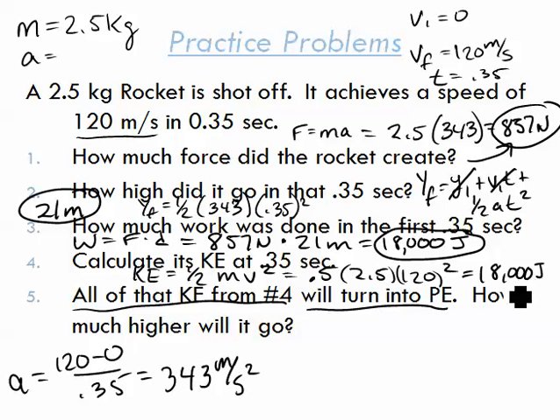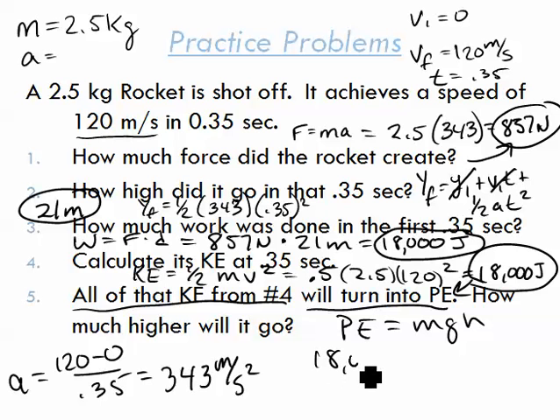Well, all of this 18,000 joules is going to go into potential energy. So if I say potential energy is mgh, and 18,000 becomes the potential energy, all it is now is plugging in the information we know, and we're going to get another height, which is that much on top of the original 21 meters.